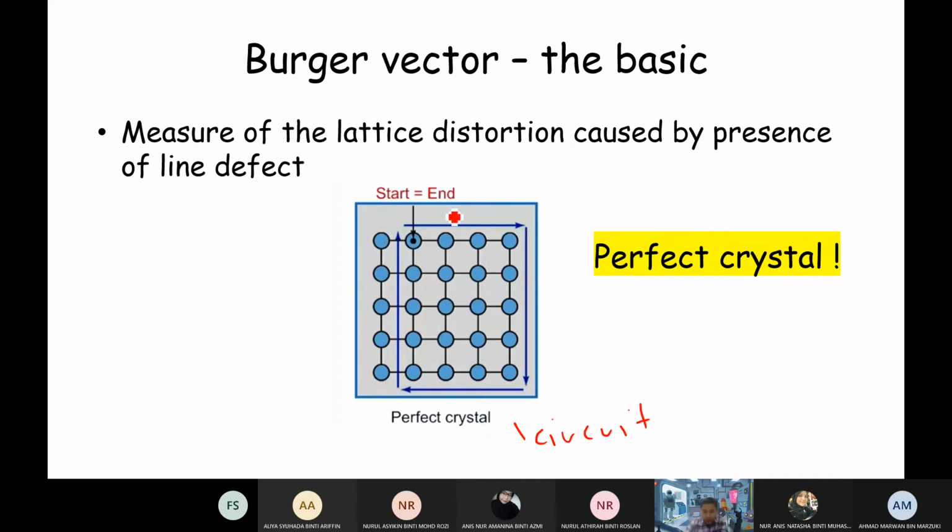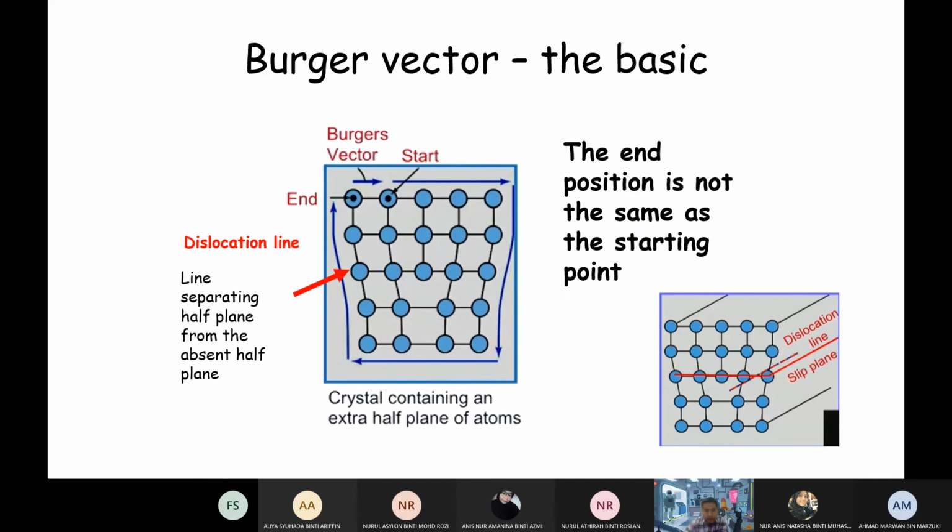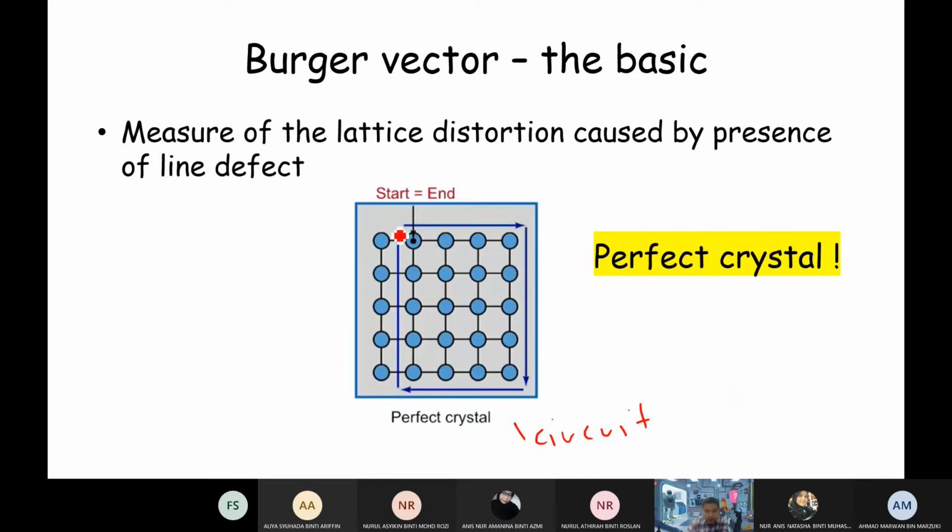If we start from here, we move 3 steps to the right, and 4 steps downward, and then again 3 steps to the left, and 4 steps up.